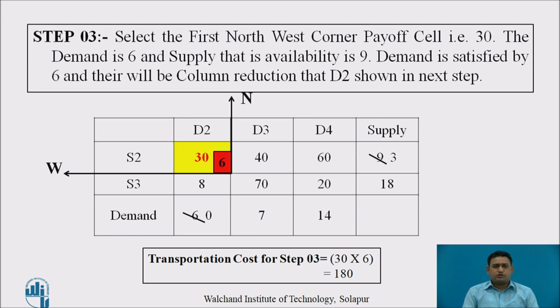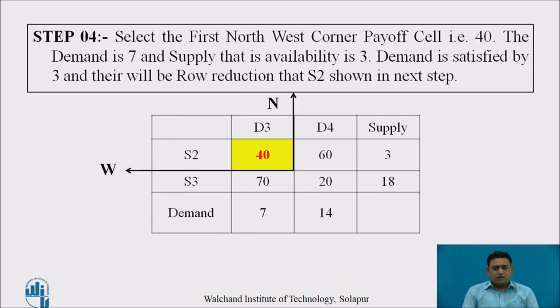That's why the transportation cost for this step is 30 into 6, because 6 units of the commodity are supplied from S2, and the total cost of transportation is 180. This is the first step. Here you observe that there is a column reduction, that is D2.